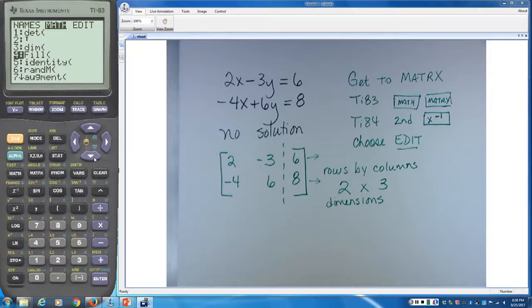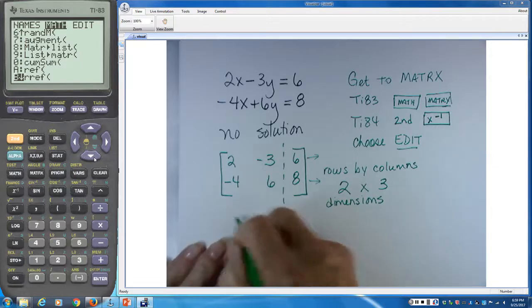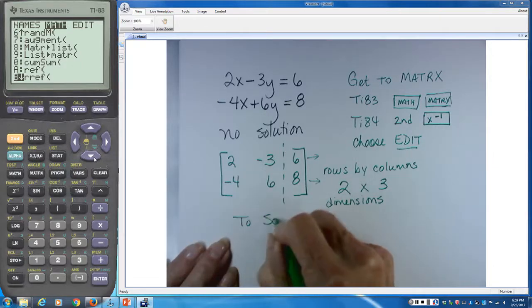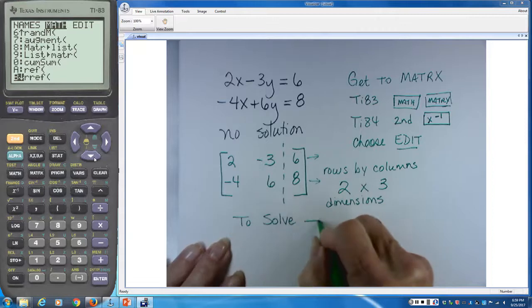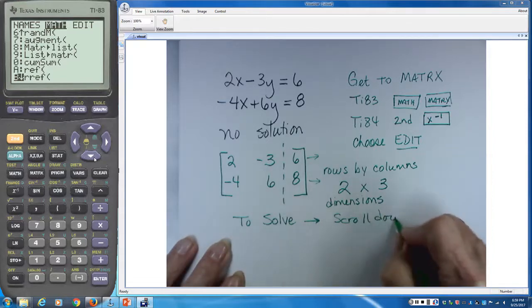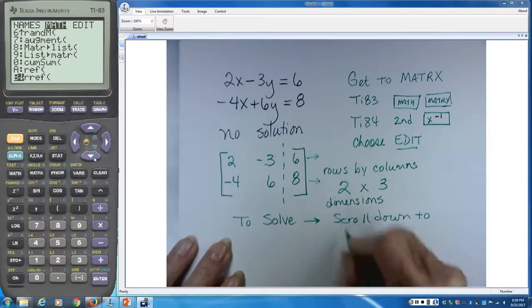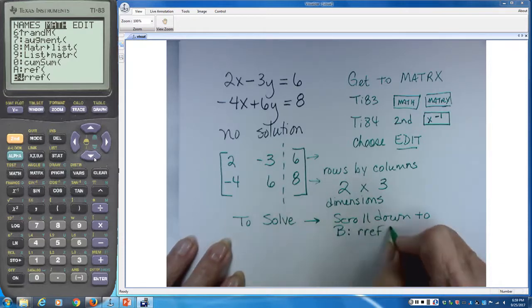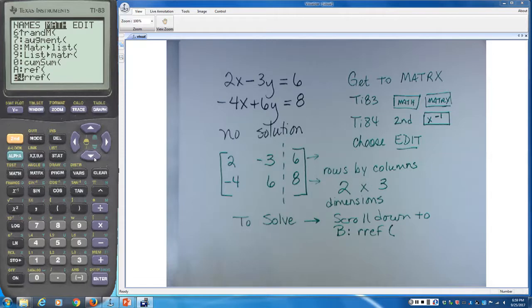And scroll down to item B. Choose option B, RREF.